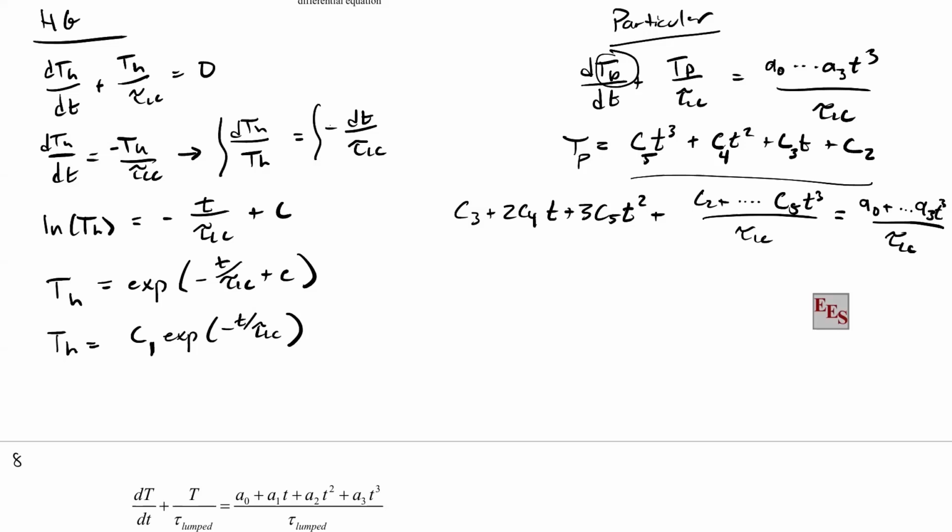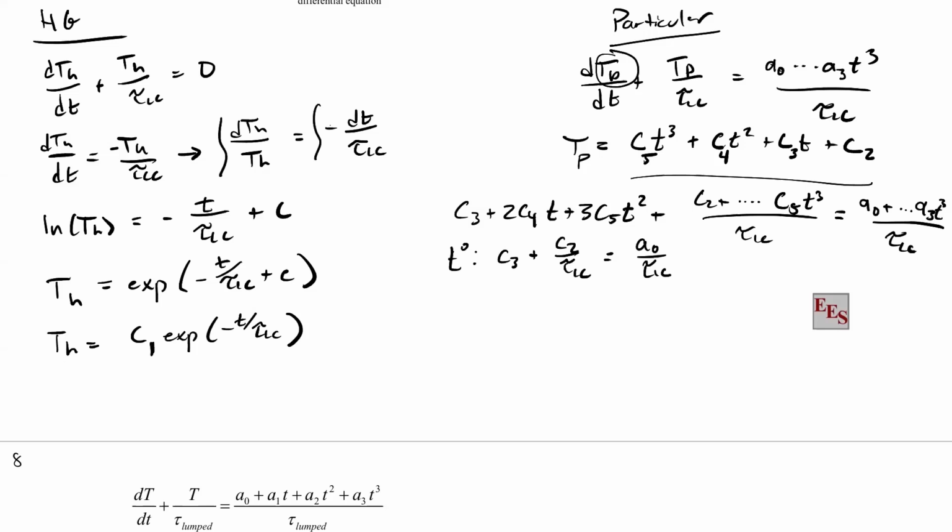So let's look at the things that are t to the 0th power. Those things are C3 plus C2 over tau lumped, which has to equal A0 over tau lumped. We can come up with an equation just because the things that are to the 0th power all have to be true for all values of time.